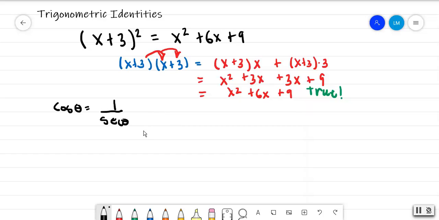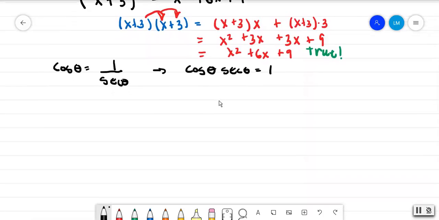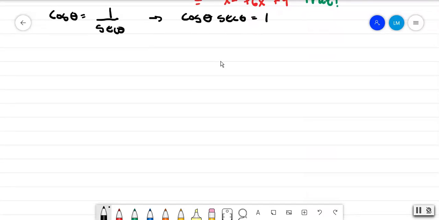By definition, if you were to multiply cosine of theta times secant of theta, this would in fact equal 1. That's true because those are the relationships between those two reciprocal functions. Similarly, sine of theta's relationship to its reciprocal function is 1 over cosecant of theta, and if you multiply the two, it would in fact give you 1.